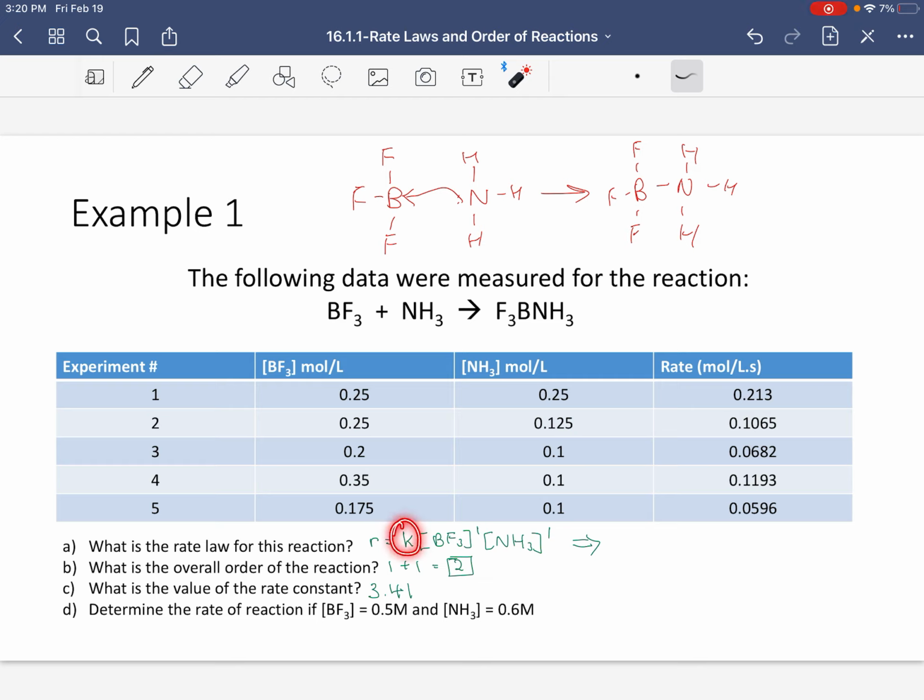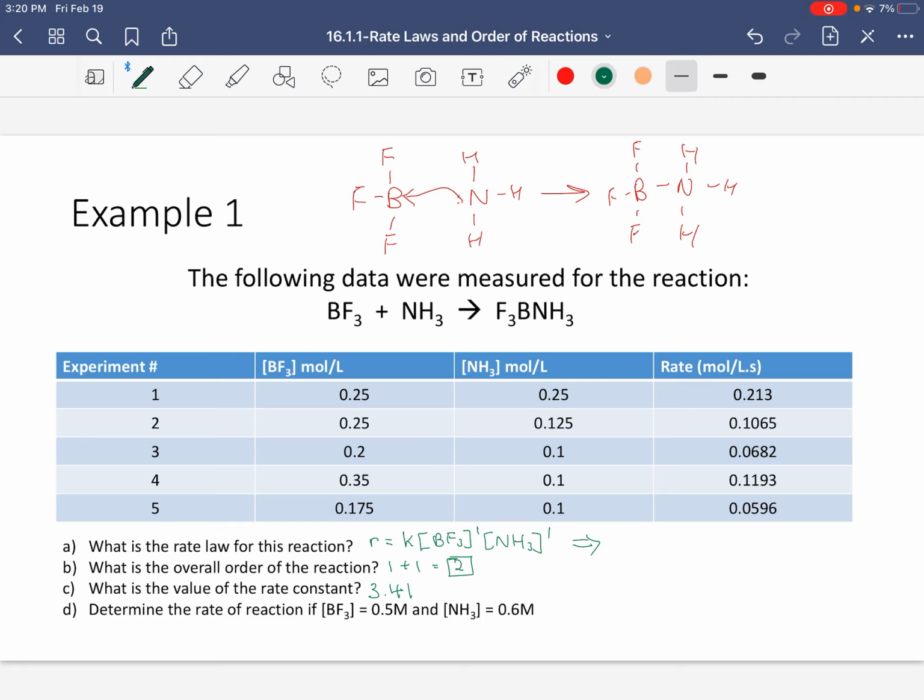K will not be the rate constant if your experiment changes in temperature. Let's say you decide to do this at 25 degrees Celsius, but you did this at 30 degrees Celsius. Then things will not make sense. You will have to throw this experiment in the garbage or not use it, because all of these have to be done at a certain temperature.